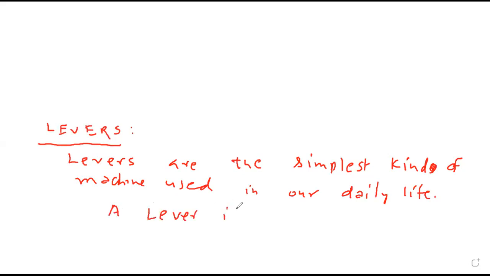A lever is a rigid, straight or bent bar. Rigid means it should not bend, it should not change shape. Scissors is a lever. The tongs is a lever. Seesaw is a lever. When you sit, it does not change shape.